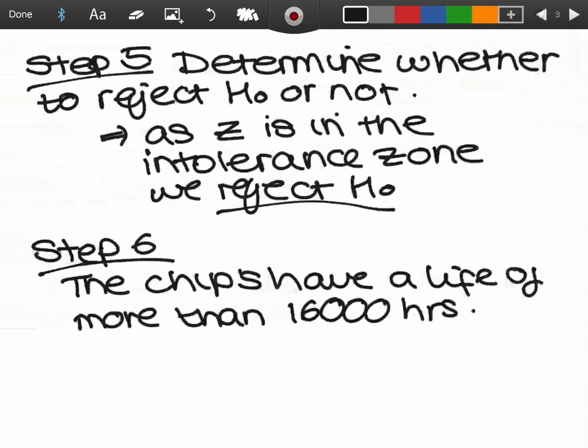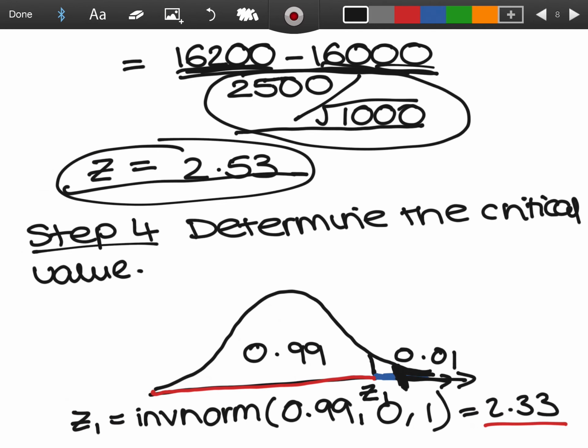If you look at a picture, alpha in this case was the area under the curve here. So it was the area under the curve where you went from Z1 and to the right.